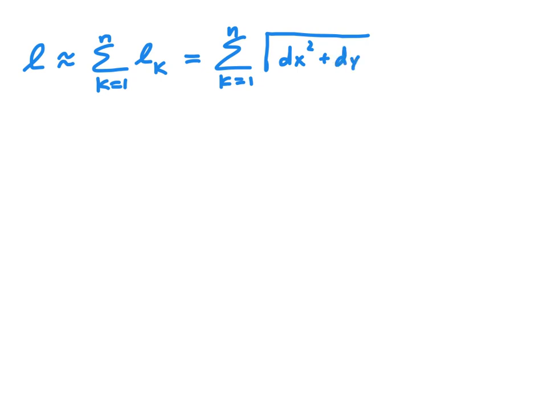Now here we're going to denote dy squared actually by dy sub k squared. And the reason is that for each of our line segments, the change in y is going to be different. However, notice that I did not put a subscript of k on the dx here. That's because when we formed our subintervals, we chose them to all have the same width, which was dx.